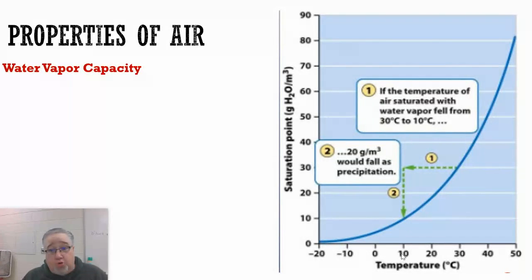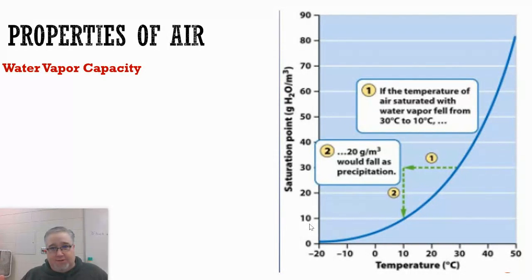So let's say it cools off to about 10 degrees, which is much cooler, right? So if we go up to our graph and go over, we'll notice that the saturation point is only about 10 grams of water. So that means our box that once could hold 30 grams of water now can only hold 10.